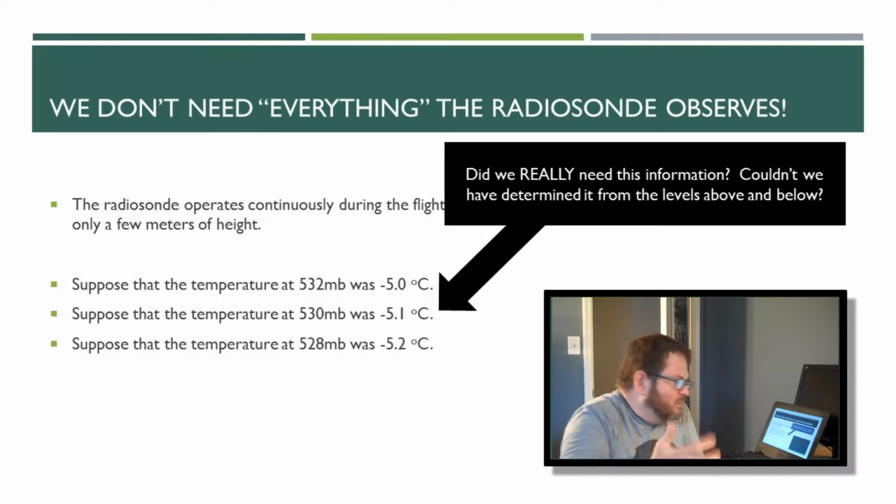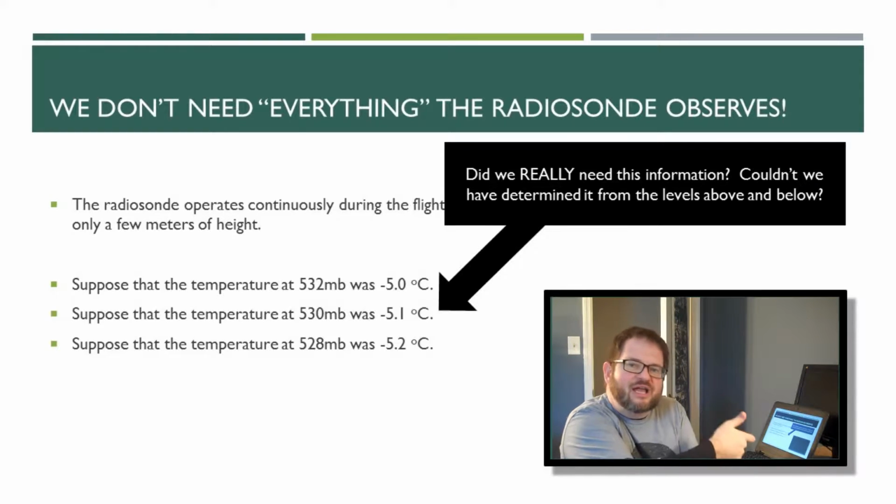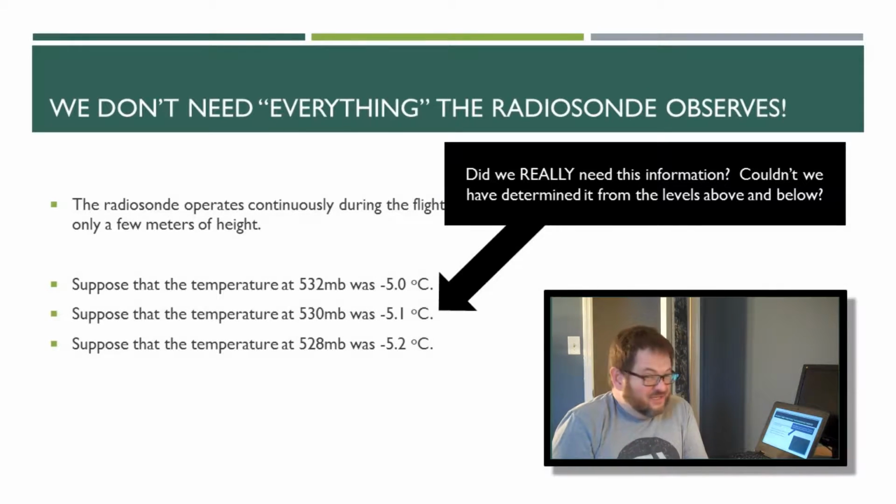Well, I would ask you, did we really need that middle one? Did we really need this information that at 530 millibars, the temperature was negative 5.1? Wouldn't we have just gotten that by interpolating between the temperature at 532 millibars and the temperature at 528 millibars? Couldn't we have just figured it out? Did we really need to waste precious bandwidth over an observation that we could have just as easily figured out?